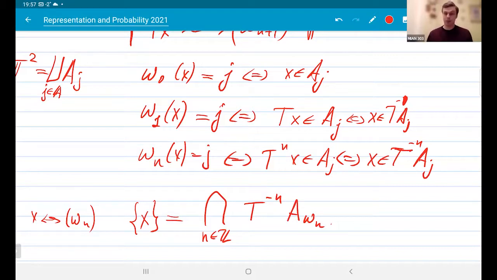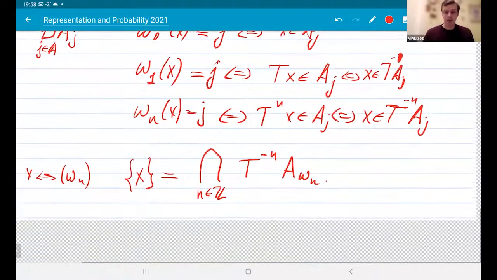So if we can prove that these intersections are either empty, if omega is not allowed, or just one point, then everything is okay. Of course, we should also prove that Lebesgue measure corresponds to Markov measure and so on, but this is the idea.